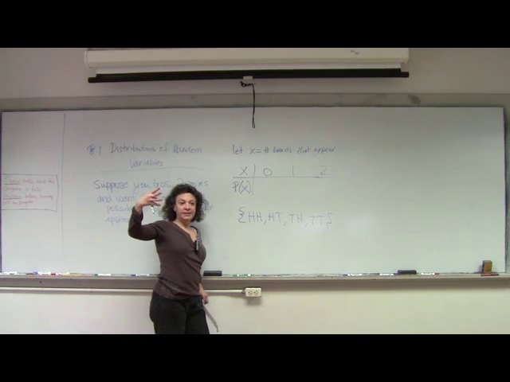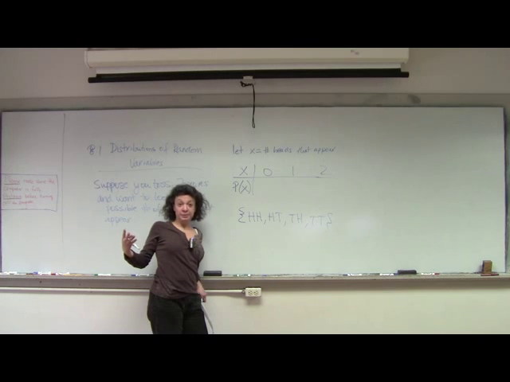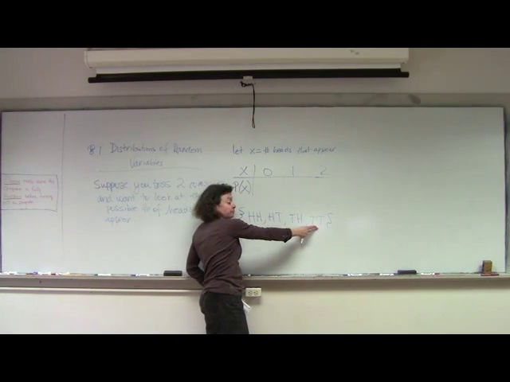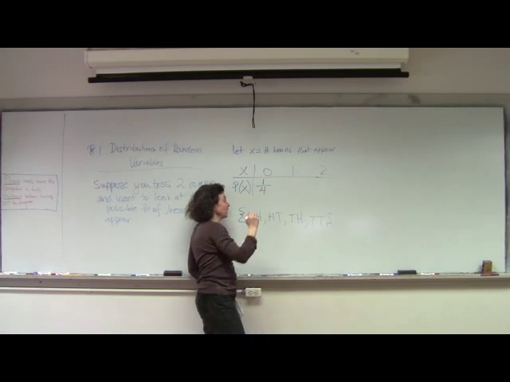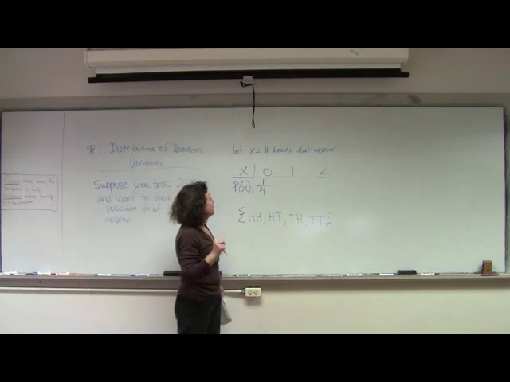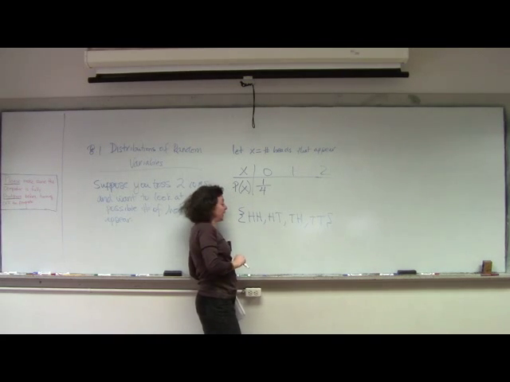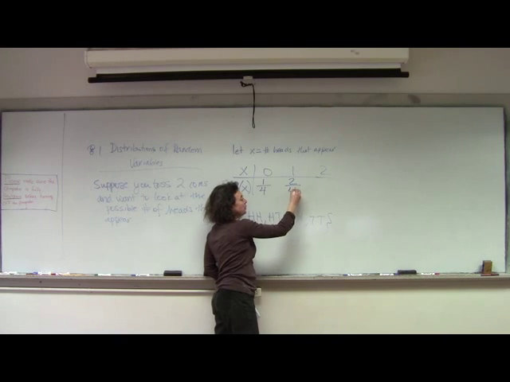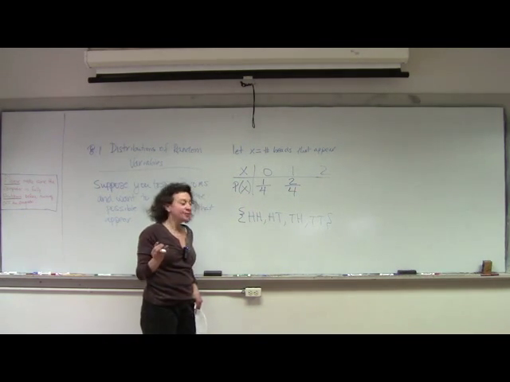Remember, the probability of an event is the number of ways it can happen over the total possible number of outcomes. Well, there is one way that we can have no heads, and there are 4 elements in our sample space. All right, so let's find the probability of getting 1 head. Well, that occurs here and here. So we can say 2 out of 4 times. And yes, that is 1/2.